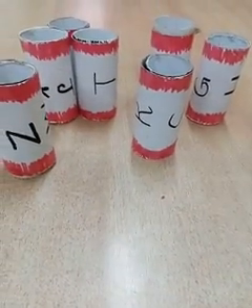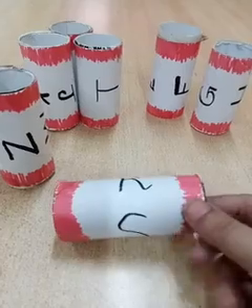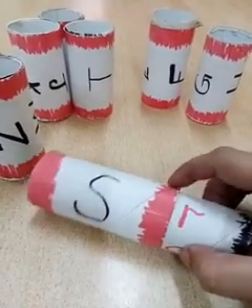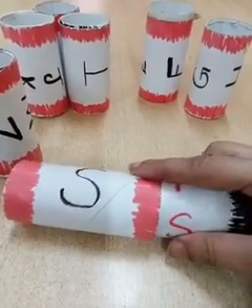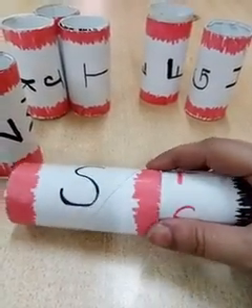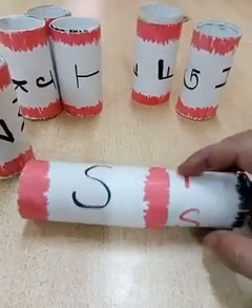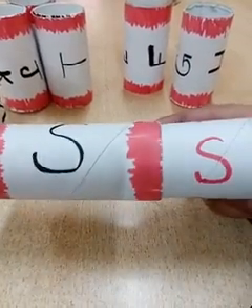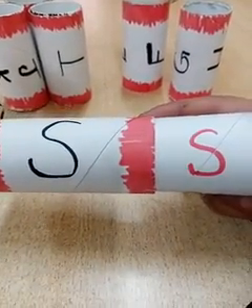The same we have on other tissue rolls. Here again we have this S and now we are going to rotate this one and this is capital and small s.